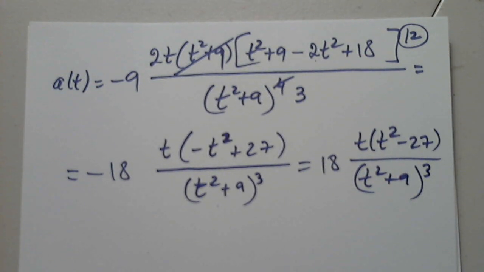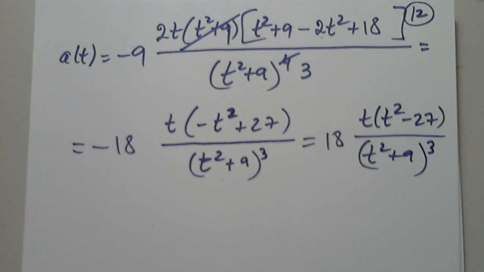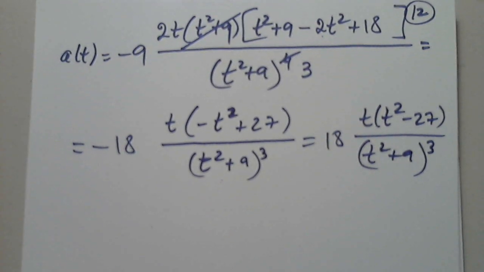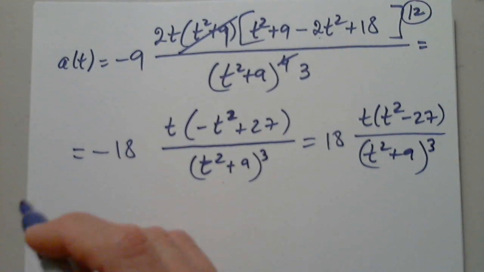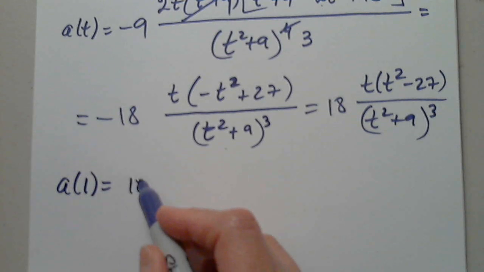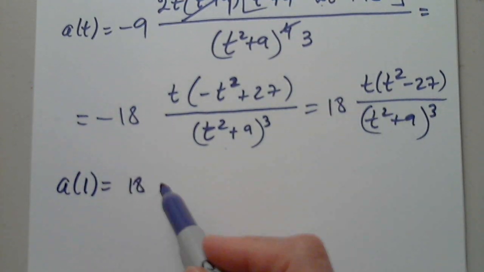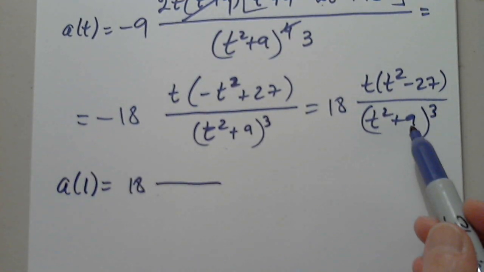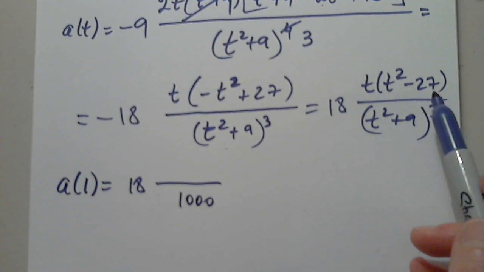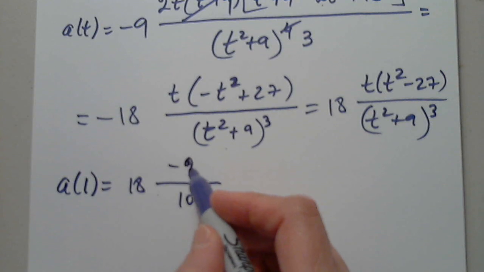So that was the question, part E. Find the acceleration at time t and after 1 second. Okay, fine. So a of 1. 18 times 1. 1 plus 9, 10 to the 3rd, 1,000. 1 minus 27, negative 26.